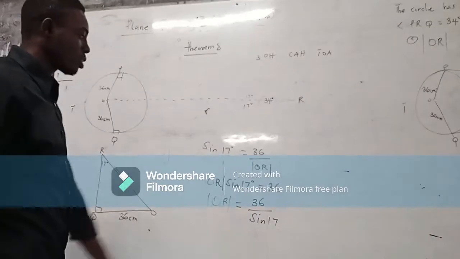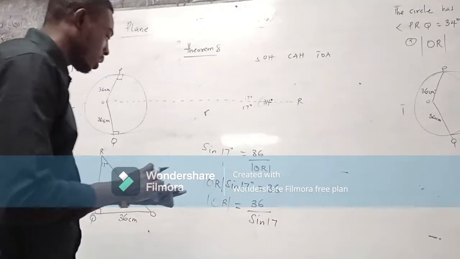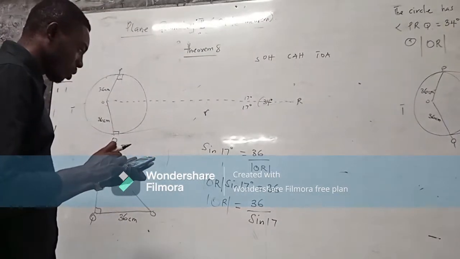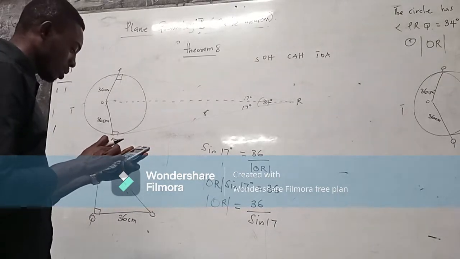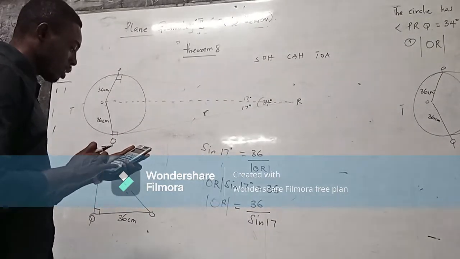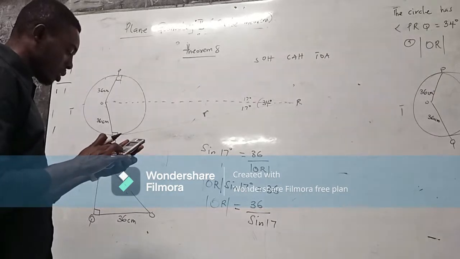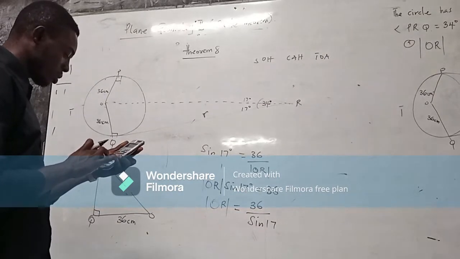So we are going to use this one to find. So on the calculator, you just type sine, or you just type straight 36 divided by sine 17.